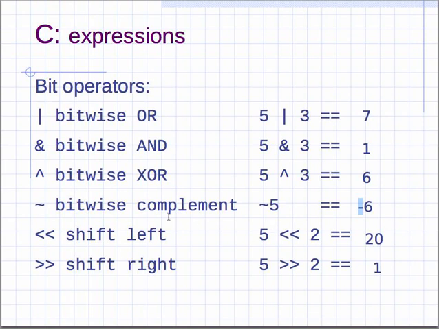Okay, shifting left is something that's useful. It might come up mainly because shifting left is a very efficient way of multiplying numbers. Shifting left 2 positions, that's what this is saying: take this number and shift left 2 positions.